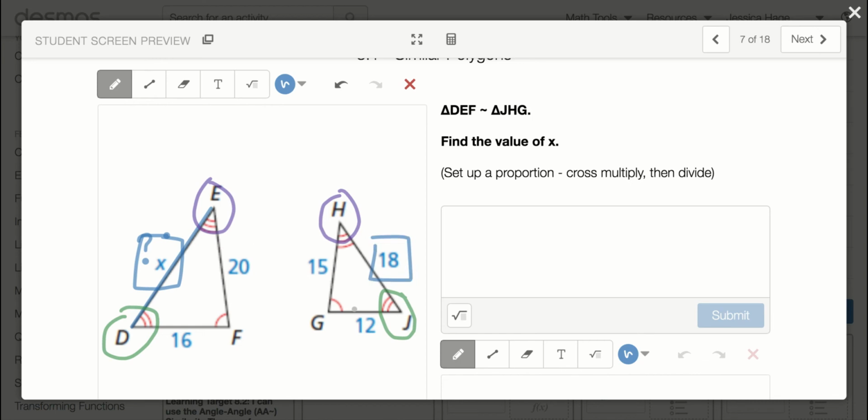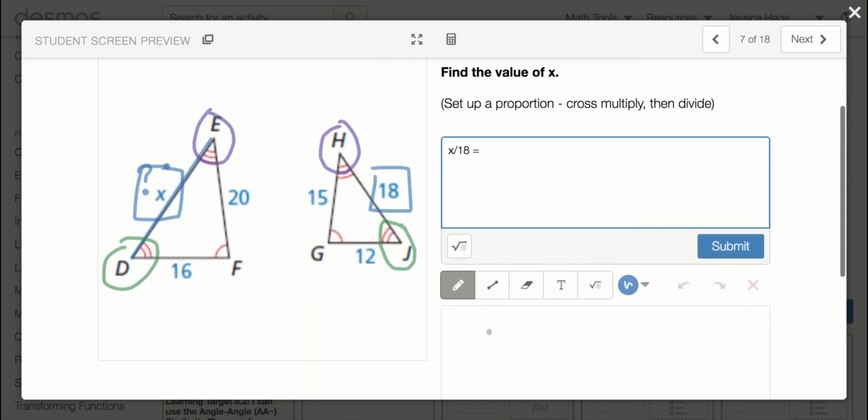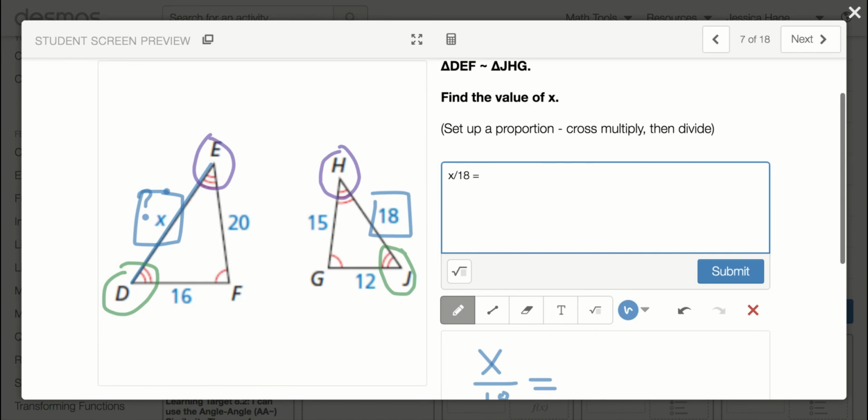And then we need to match up another one, okay? So we're going to have X over 18 equals, and I can write it on the sketch pad as well. And then we're looking for another fraction set up the same way. We need a number from the triangle on the left, because that's where X was, to be our numerator. So you have 2 choices. You have 16 or 20, and you have to match those correctly.